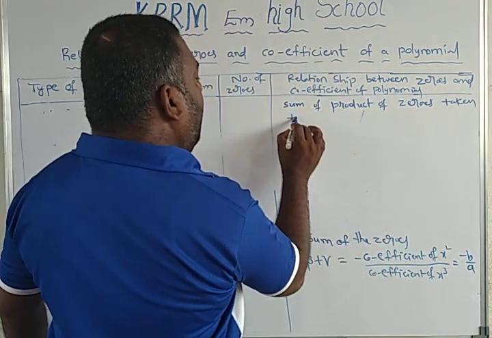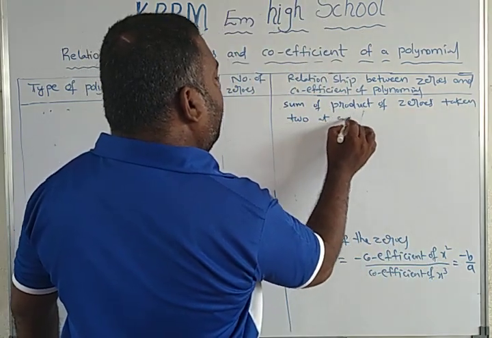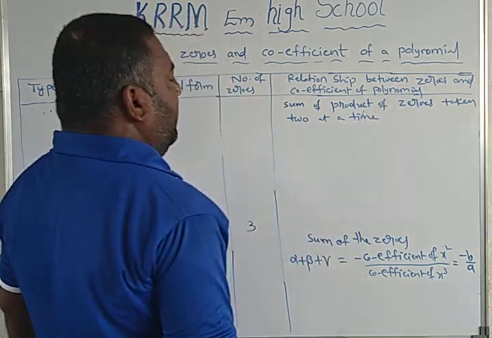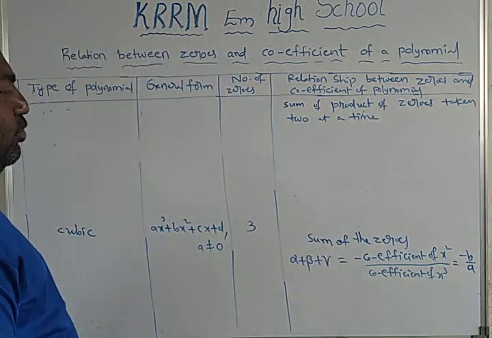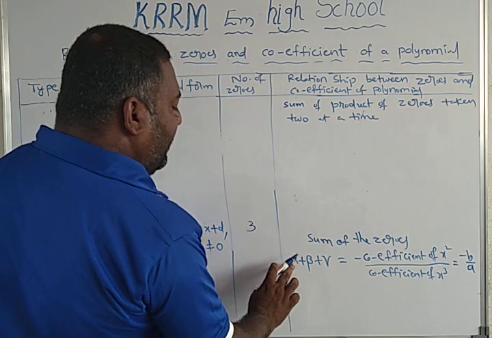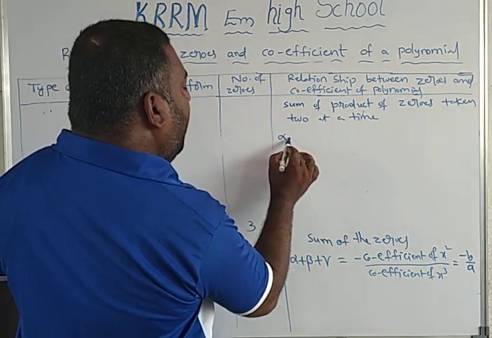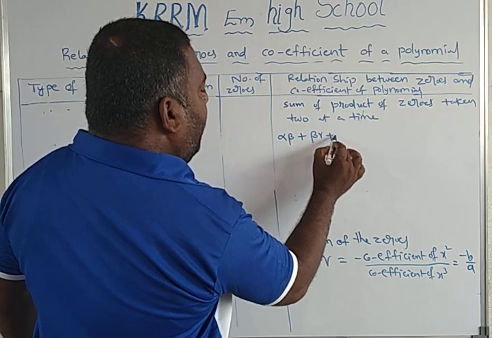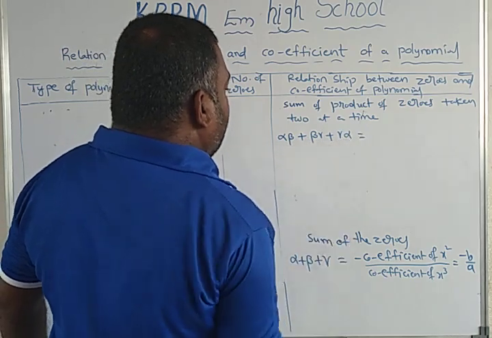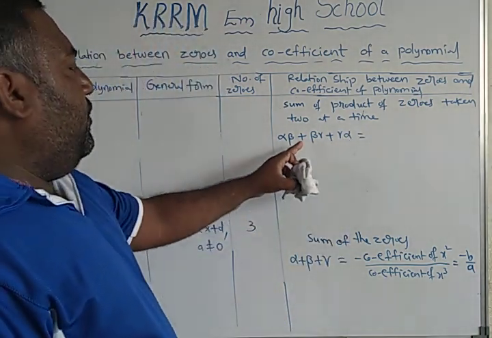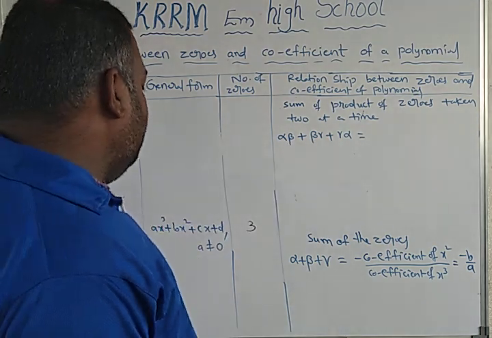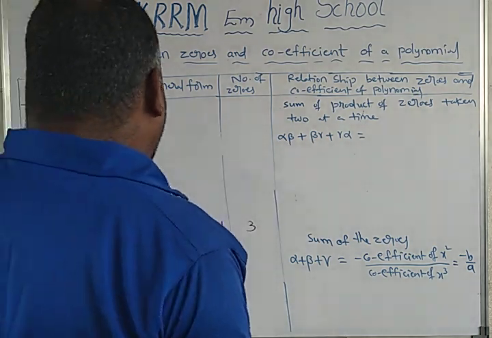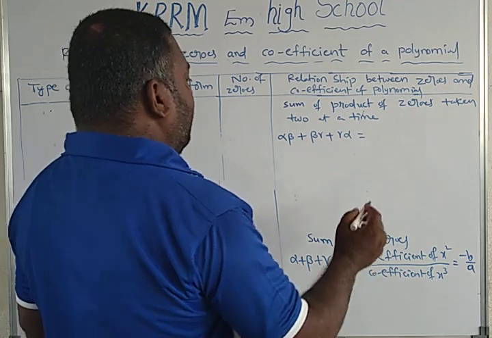Here we are taking two at a time: alpha into beta plus beta into gamma plus gamma into alpha. The sum of product of zeros taken two at a time is equal to coefficient of x upon coefficient of x cubed.